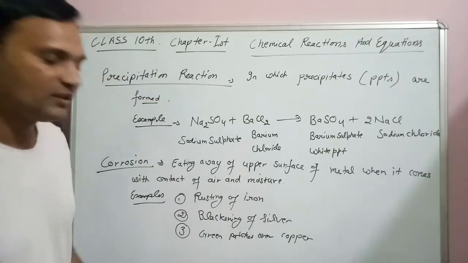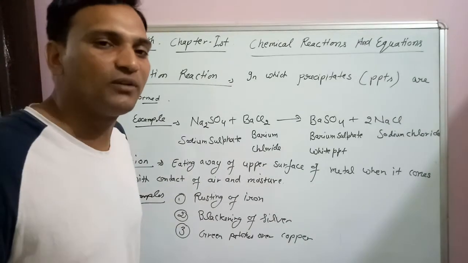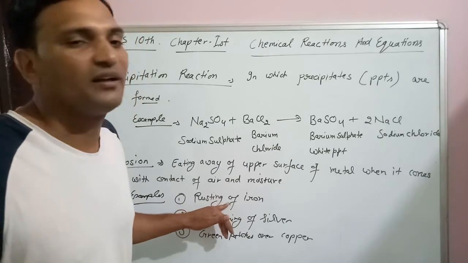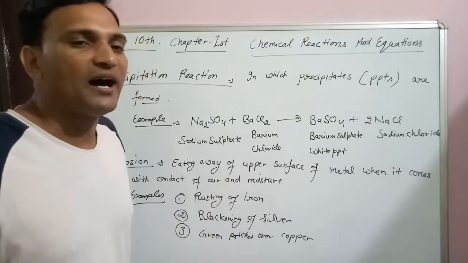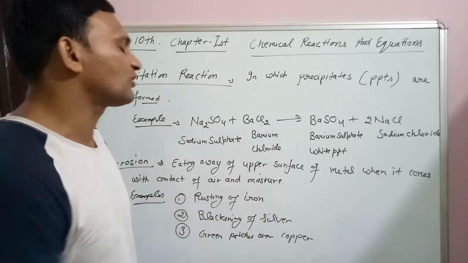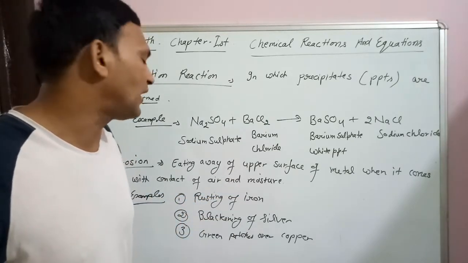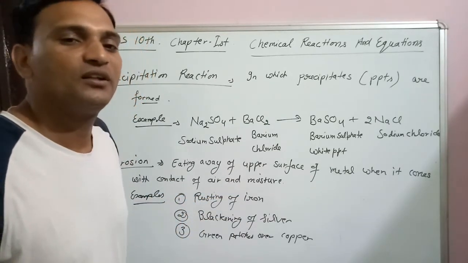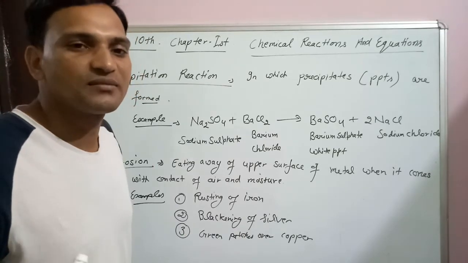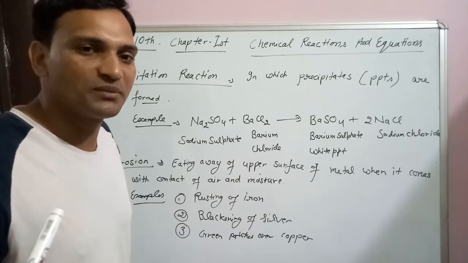Rusting of iron. A thin brown layer formed over the surface of iron is known as rusting of iron. The upper layer of the iron is damaged when it comes in contact with air and moisture. It forms iron oxide or ferric oxide. The upper layer of the iron gets damaged and forms a brown substance.